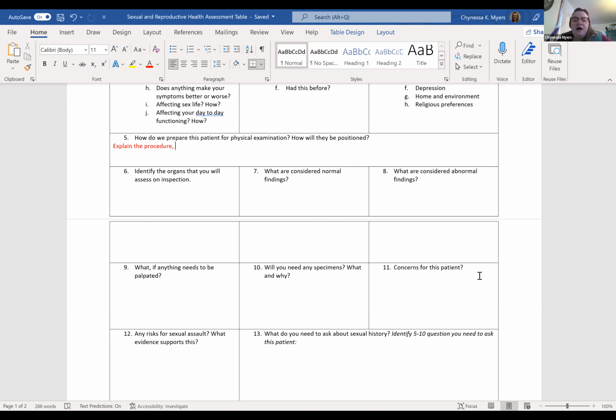Okay. How about a woman? How do women typically get into positions for this type of exam? Laying on their back on the table with their legs up, right, with the stirrups. It's called lithotomy. Yep, the lithotomy position.